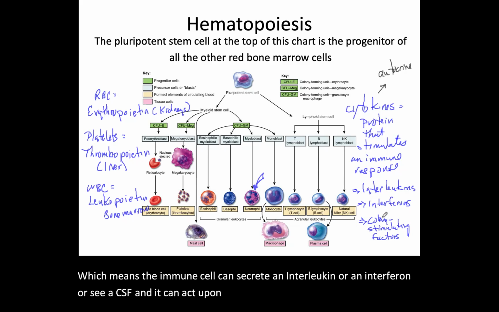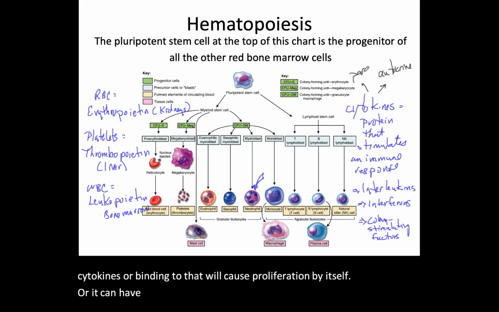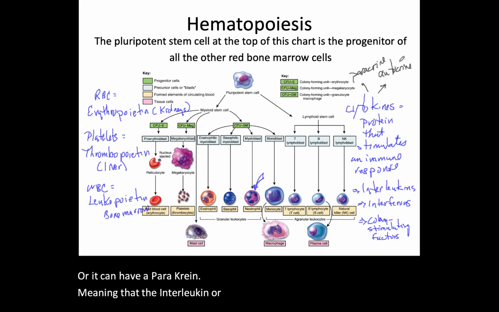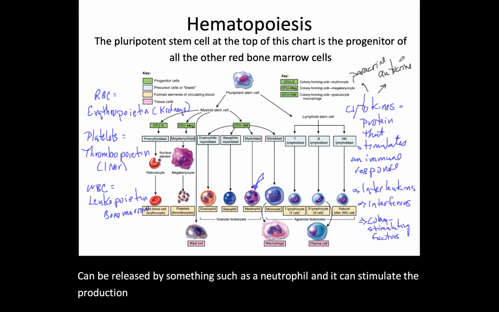So it's got receptors that the cytokines are binding to that will cause proliferation by itself. Or it can have a paracrine effect, meaning that the interleukin or the interferon or the CSF unit can be released by something such as a neutrophil, and it can stimulate the production of other myeloid-based stem cells.